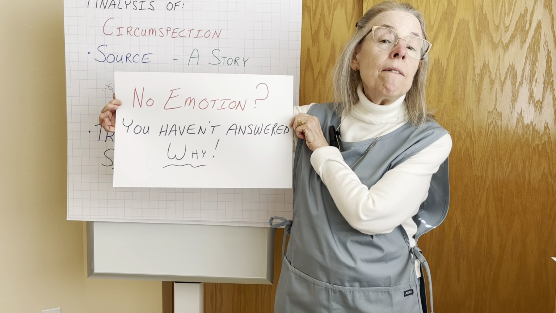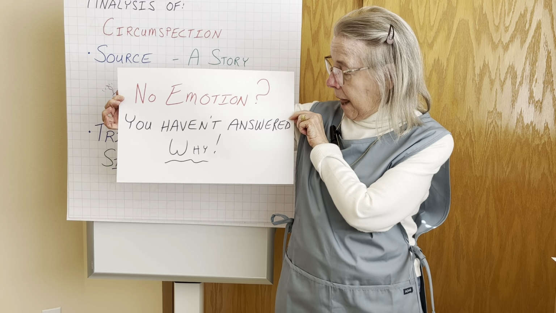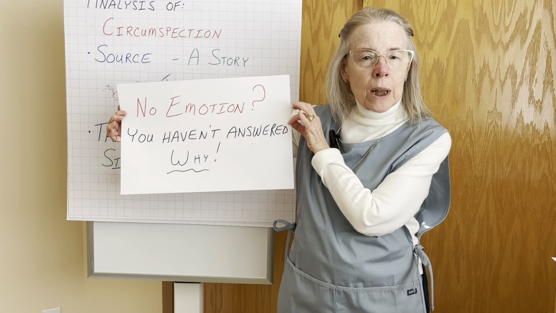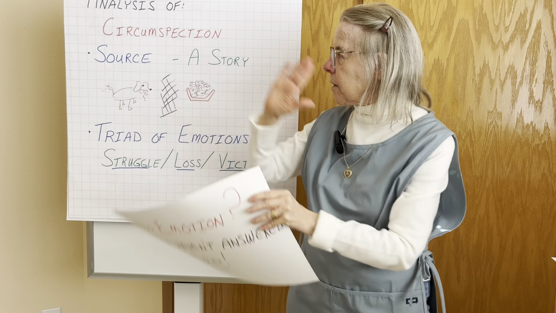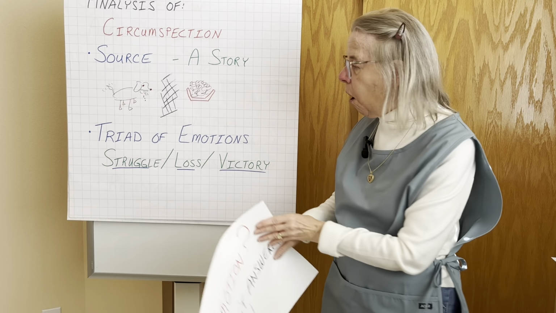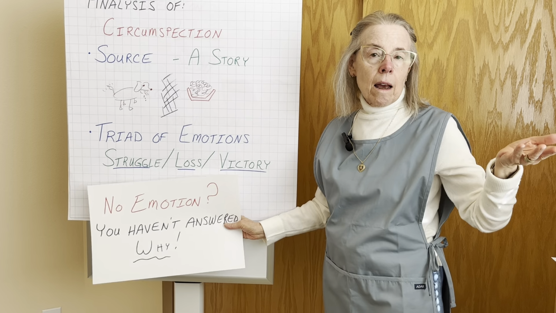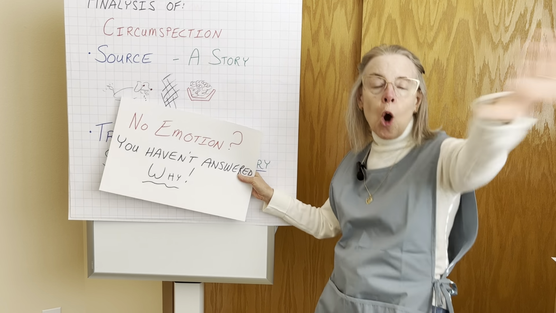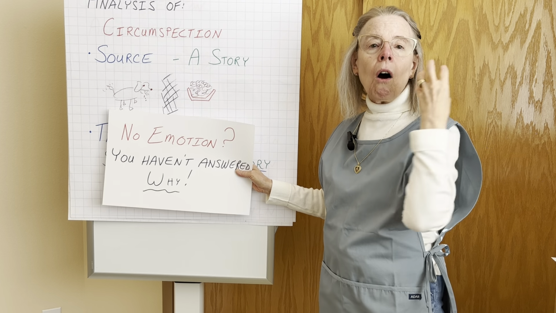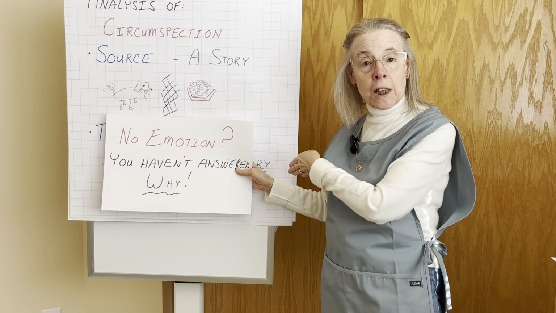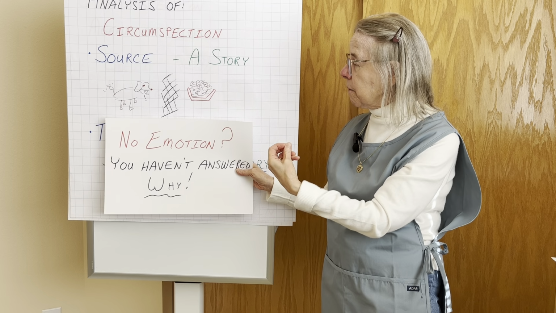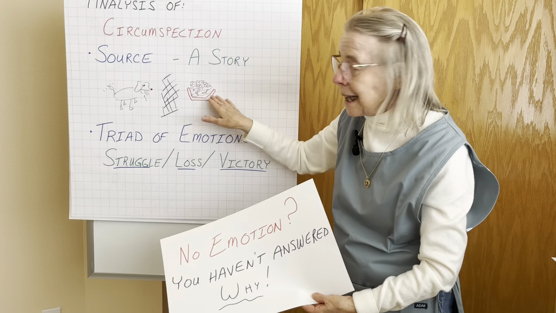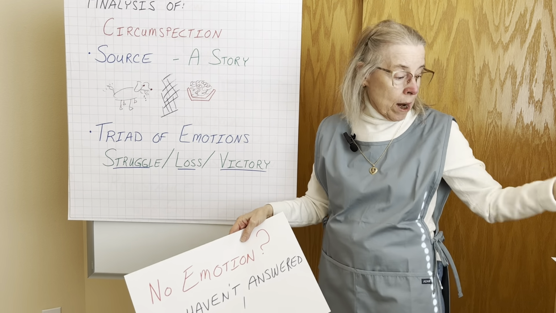If you haven't achieved the emotional state, then you haven't answered the question why. You haven't broken it down enough. Because that's the crazy thing about all of these emotions, all of these character traits, all of the struggles. They have no power at the general level. All of the power is at the level of the specificity. And the reason for that is because the struggle itself is the thing that is real.